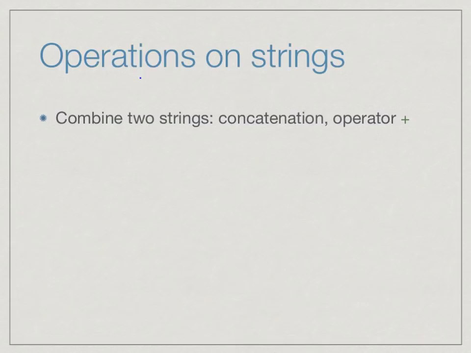One of the most basic things one can do with strings is to put them together, to combine two values into a larger string, and this is called concatenation, putting them one after the other, and the operator that is used for this is plus. Plus, we saw for numeric values, adds them. For strings, the same symbol plus doesn't add strings, it juxtaposes them, it puts them one after the other.